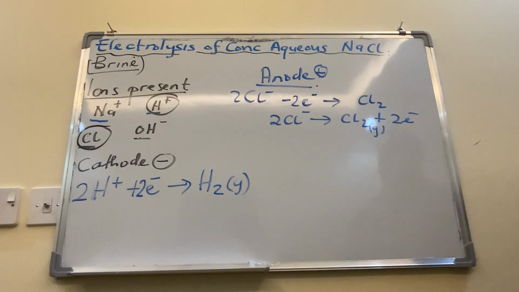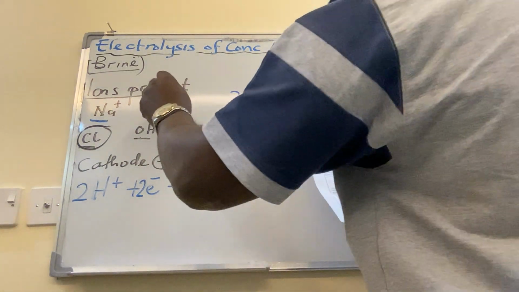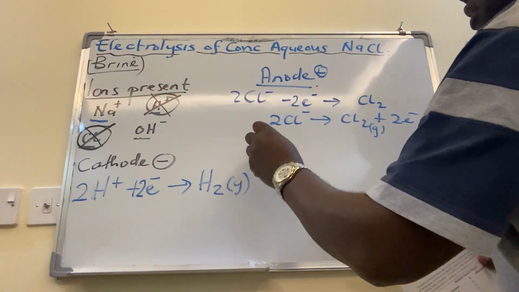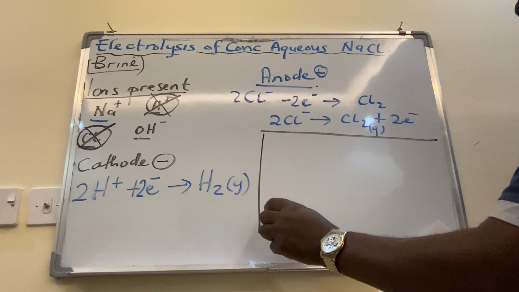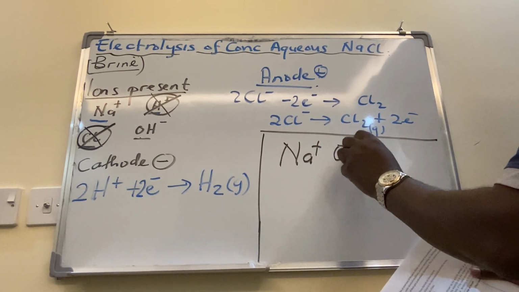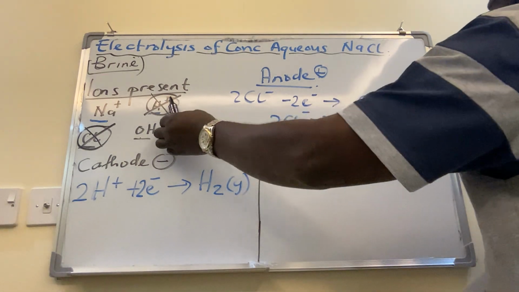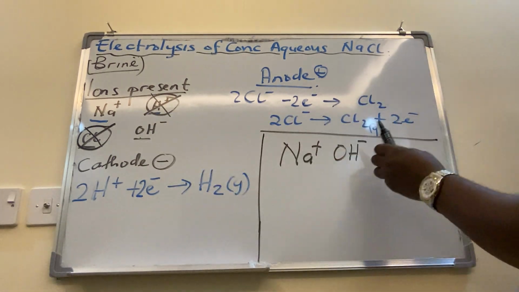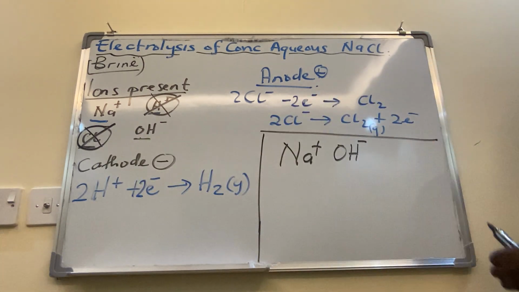All right, now do you see what is going to happen? This one is gone, and that one is gone. What is going to remain in solution is Na plus and OH minus. Because this has been discharged, we have hydrogen by the cathode, and this one is discharged, we have chlorine by the anode.